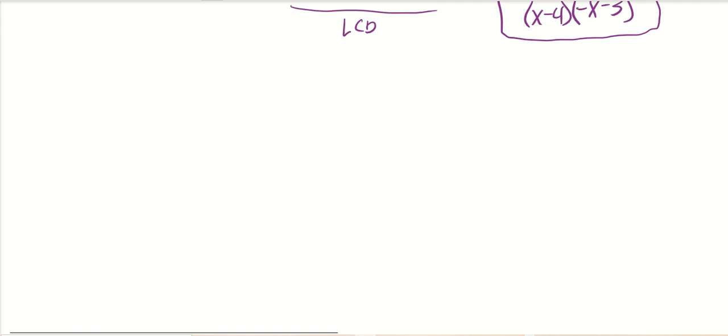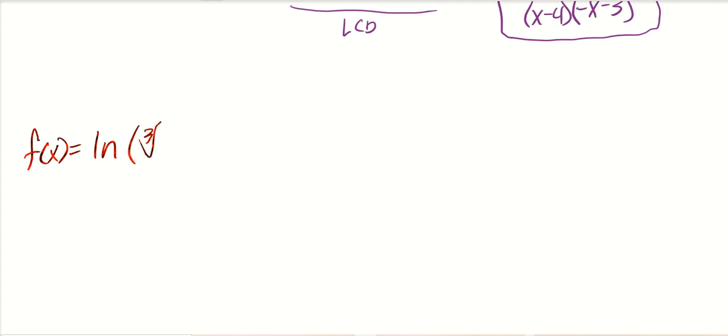So we have f of x equals the natural log of the cube root of 3x plus 8 divided by 4x plus 4. All right? So we have a lot going on.